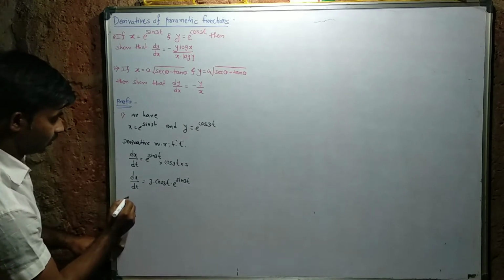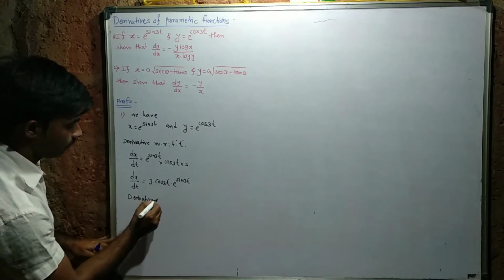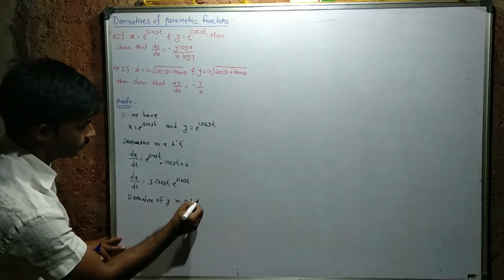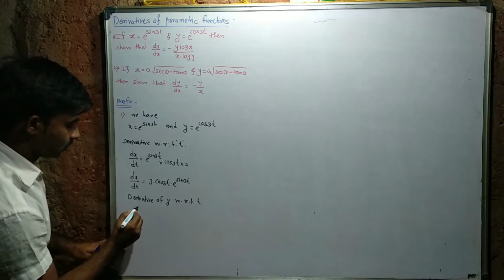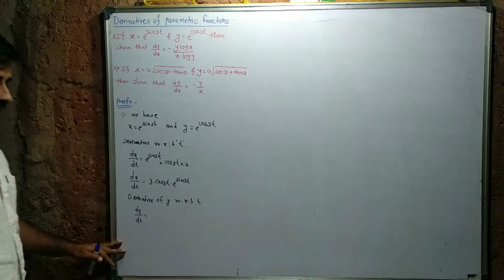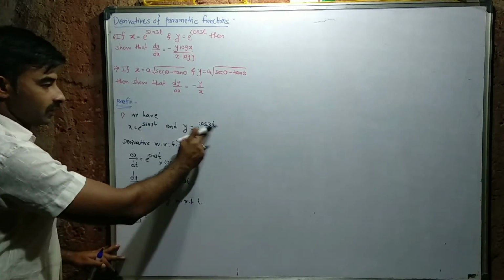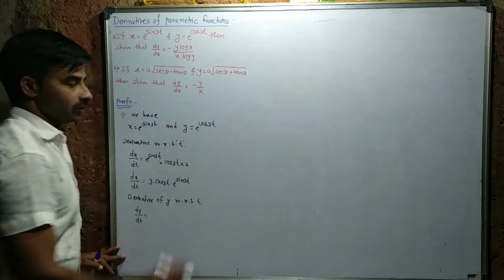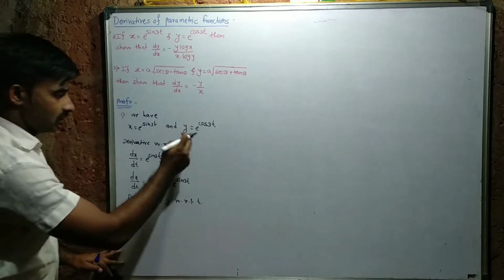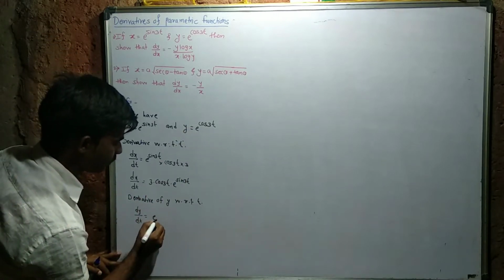Right now we have to take the derivative of y with respect to t, that means dy by dt. Because y is a function of t, the derivative of y with respect to t is taken. This is once again a composite function, so first of all e raised to x has the derivative e raised to x.